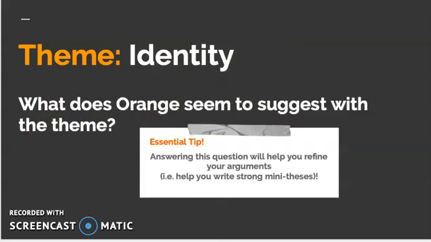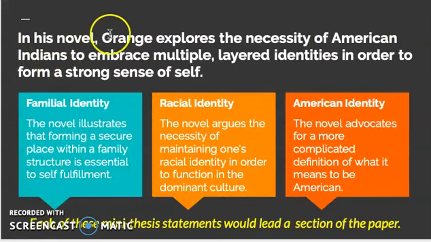Maybe you ask that question, and this is what you get for your central thesis, and these different colored areas are what we get for each one of the mini thesis statements. So you could break it down into familial identity, racial identity, American identity, right? And then we would have multiple topic sentences coming off each one of these things. So that's one way that you could get into this essay.